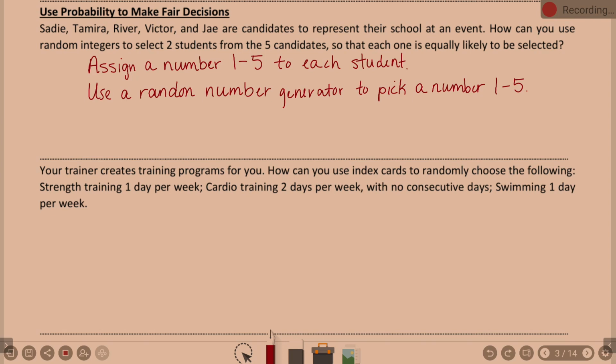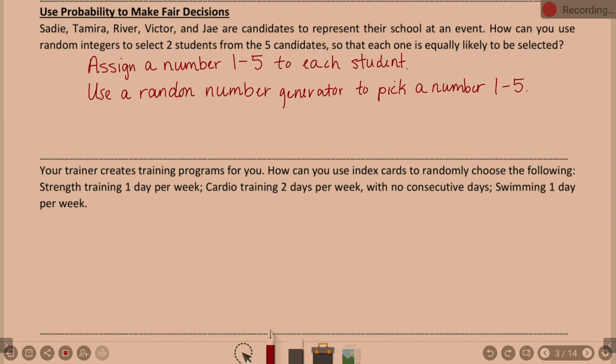If you get both cardios one after another, just redraw. So put each of the different types of training on a card, and since we're doing cardio twice, there's going to be 2. Draw a card. It's a redraw if you get cardio 2 days in a row.